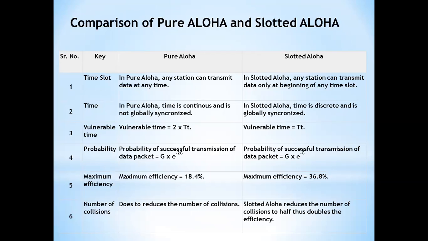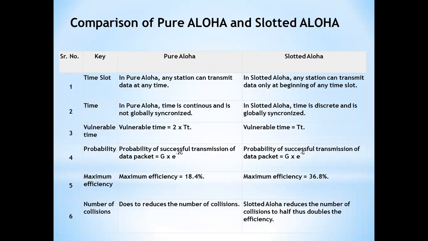Next is probability. The probability of successful transmission of a data packet in pure Aloha is G e^(-2G), and the probability of successful transmission of a data packet in slotted Aloha is G e^(-G). The maximum efficiency of pure Aloha is 18.4%, and in slotted Aloha the maximum efficiency is 36.8%, which is exactly double that of pure Aloha.